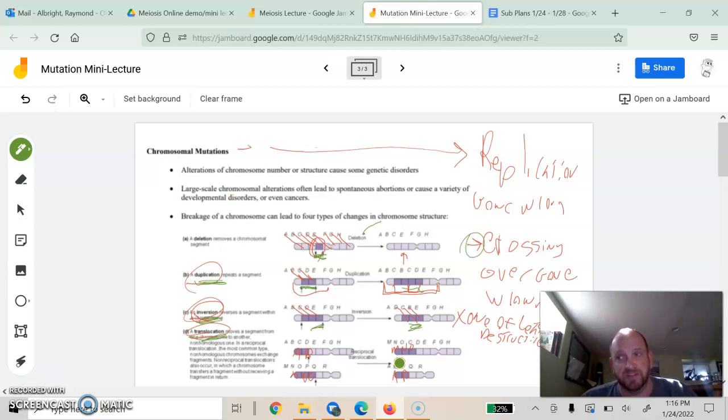And you need your proteins, whether they're enzymes, structural, whatever. If you don't make them, your cells can't do their job. You can't live. If you overproduce a protein, which is what can happen with things like duplication, inversion, or translocation, you end up making too much of a substance you need. And since our bodies struggle to maintain homeostasis, which is a balanced internal environment, too much of a protein can also be a problem. Okay?